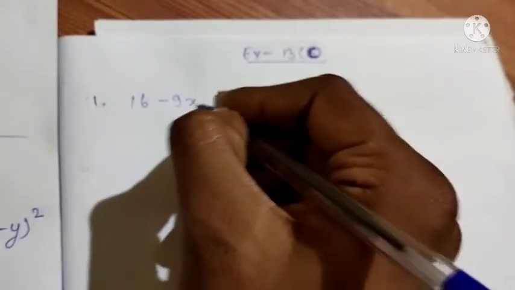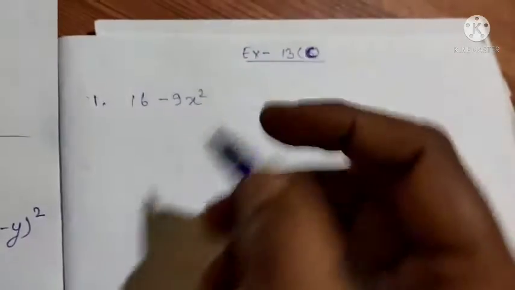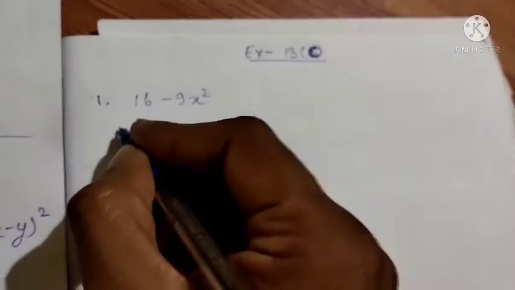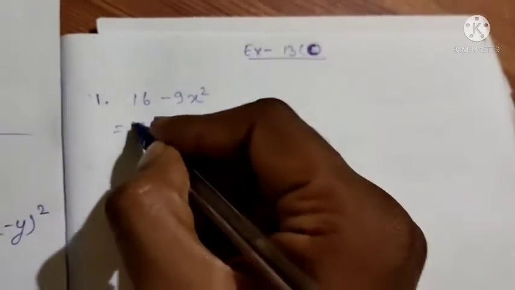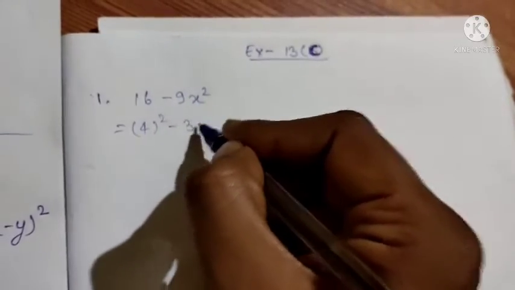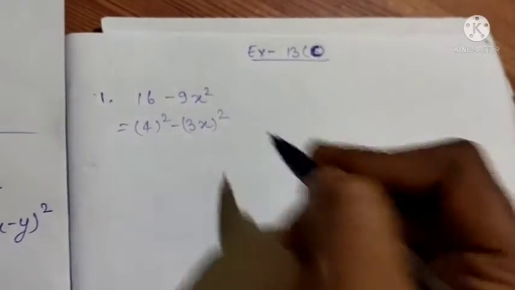Question number 1 is 16 minus 9x square, and we can write it as, 16 is the square of 4, so it will be 4 square minus 3x whole square, right?